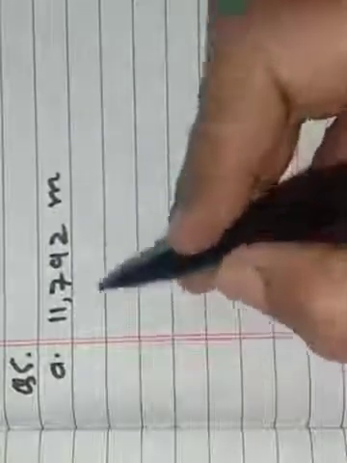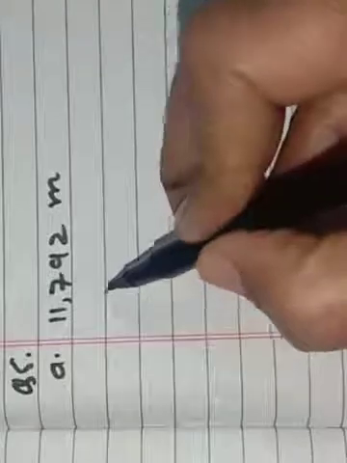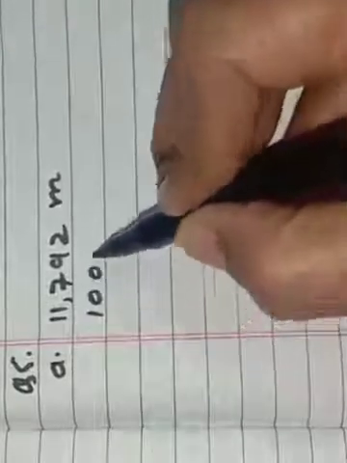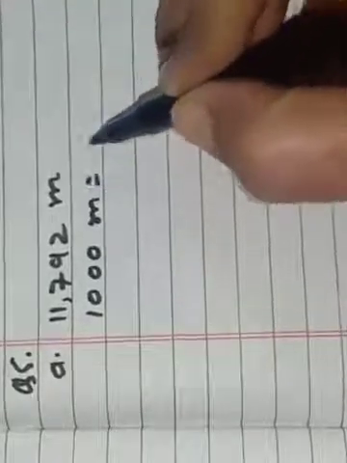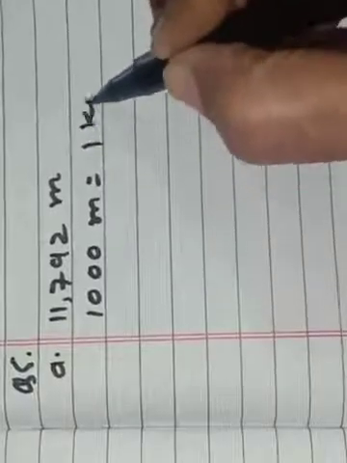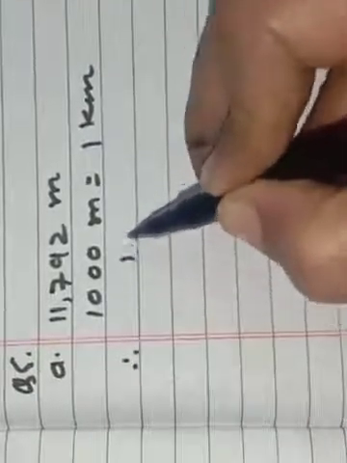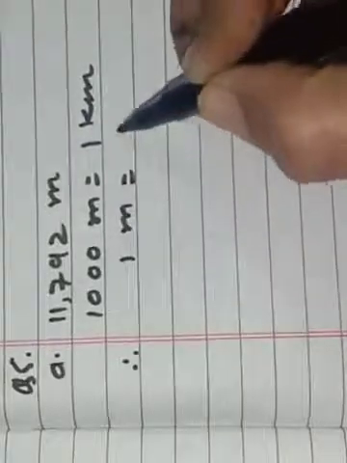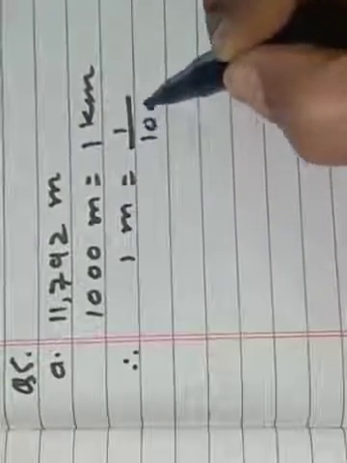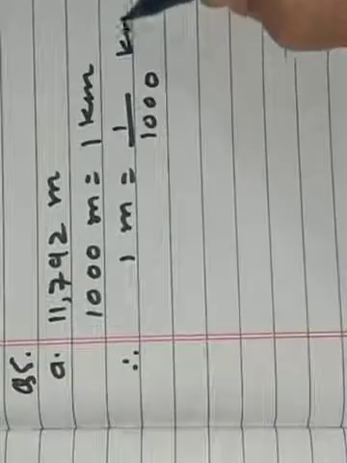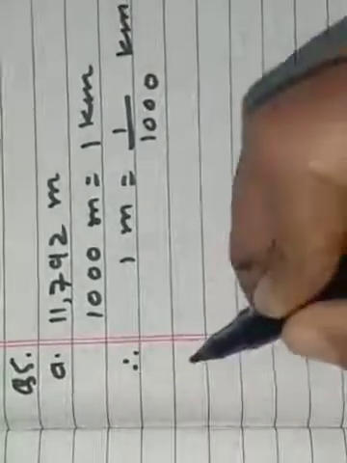Okay. As we know, 1000 meter is equal to 1 kilometer. Therefore, 1 meter is equal to 1 by 1000 kilometer.